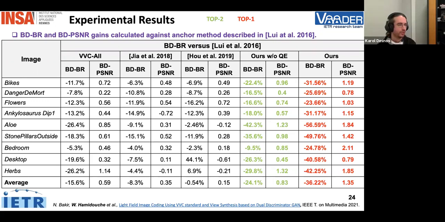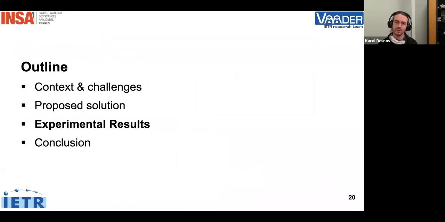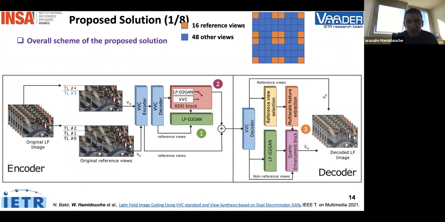I have another question on the rate optimization, the RDO process. If I understood correctly, the quality enhancement is not done on the encoder side before selecting between the VVC or the GAN image. Is that right? Actually, the quality enhancement or the view?